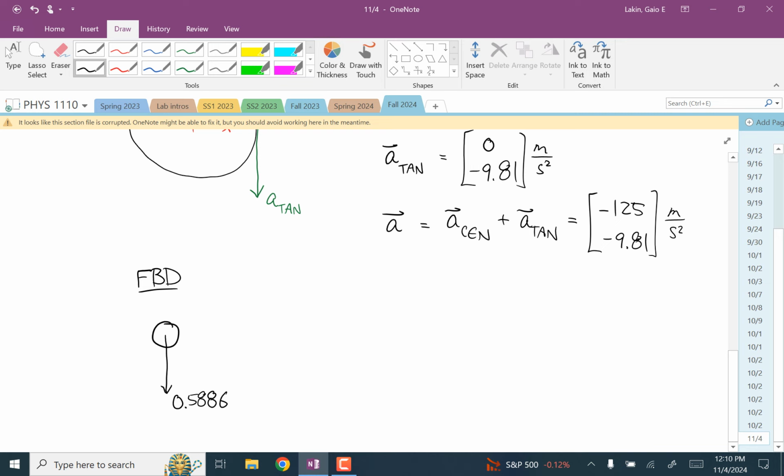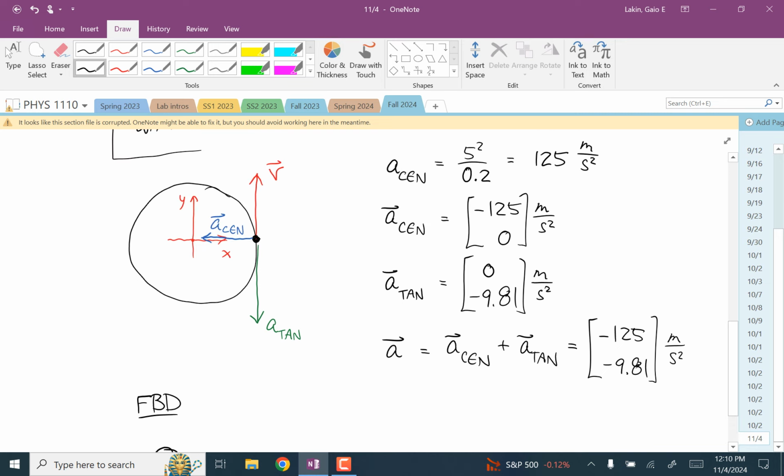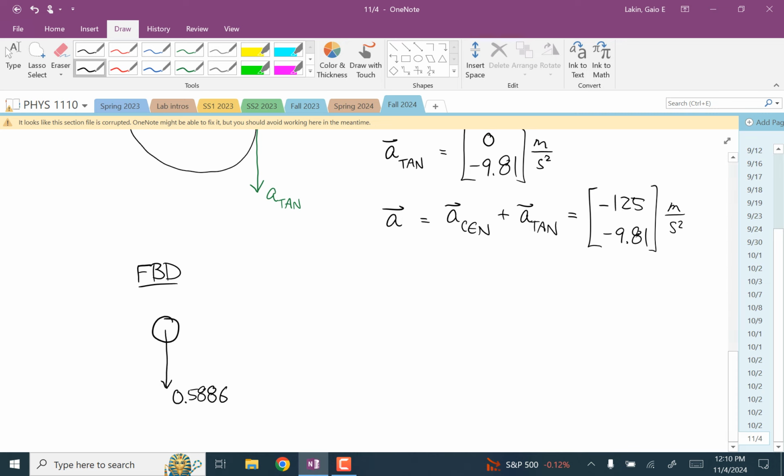The only other contact is where the string touches it. The string is going this direction and the force is away from the body. I'll call that T. Any questions about that? Would it be fine in our calculations to use 0.59? Yes, sure.